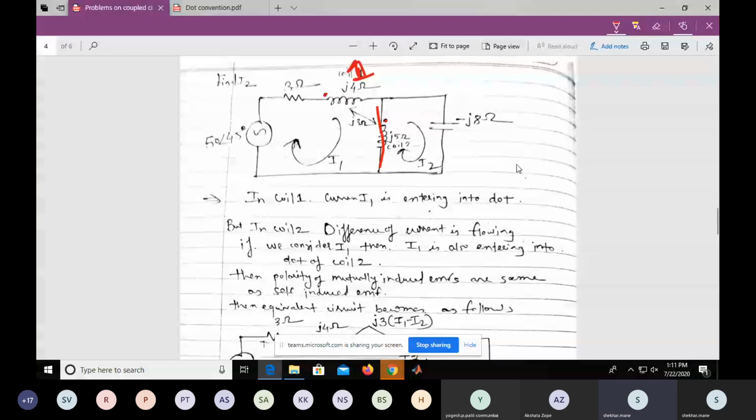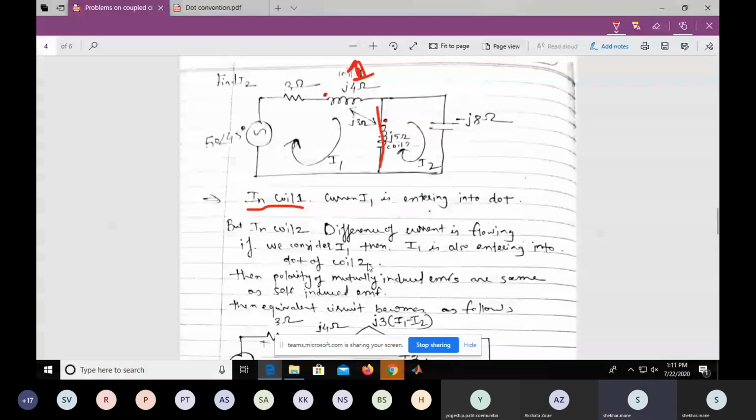So both cases are possible. So you can assume whatever you want. Let's see, in coil 1, current I1 is entering into the dot, but in coil 2, the difference of the currents is flowing. So if we consider I1, then I1 is also entering into the dot.